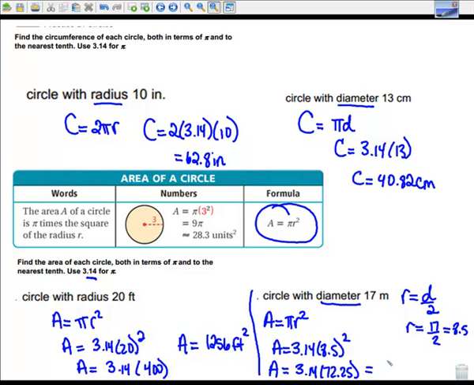And that gives me 226. And we're going to round it to the nearest hundredths, so 226.87 meters squared. All right.